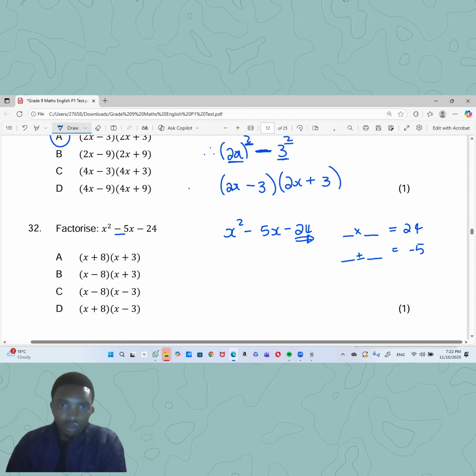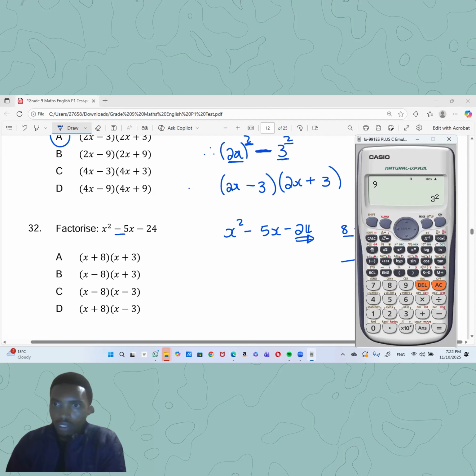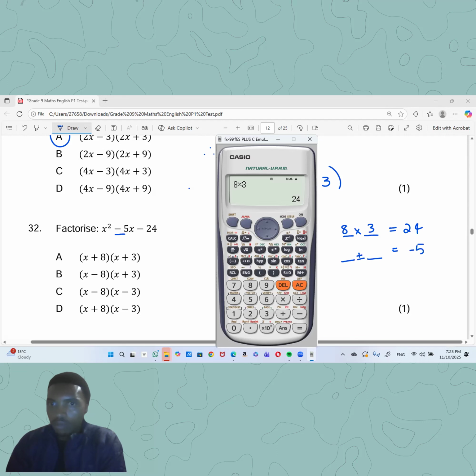So which numbers are those? If we multiply 8 times 3, does it give us 24? It does give us 24, which is the number we are looking for.